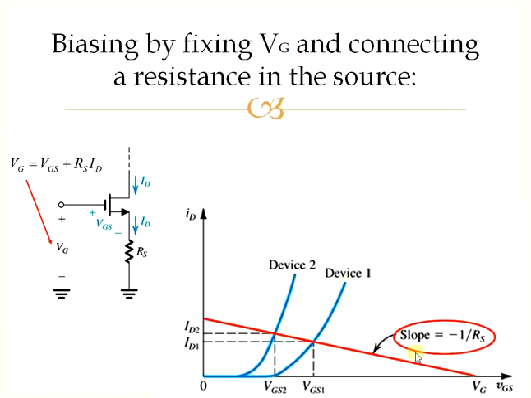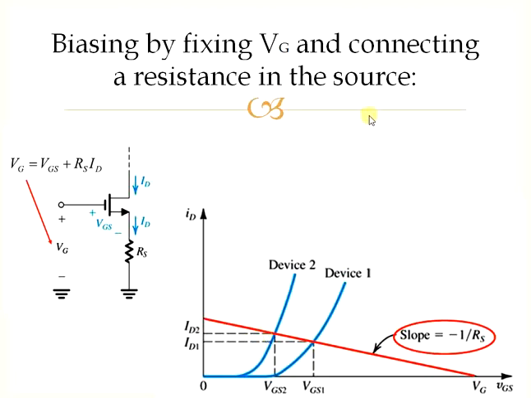If you look at the ID versus VGS characteristic, we can see two devices having different characteristics superimposed on the same graph. A straight line represents the constraint imposed by the bias circuit. The intersection of the straight line with the ID versus VGS characteristic curve provides the coordinates for the drain current ID and the VGS of a particular bias point.